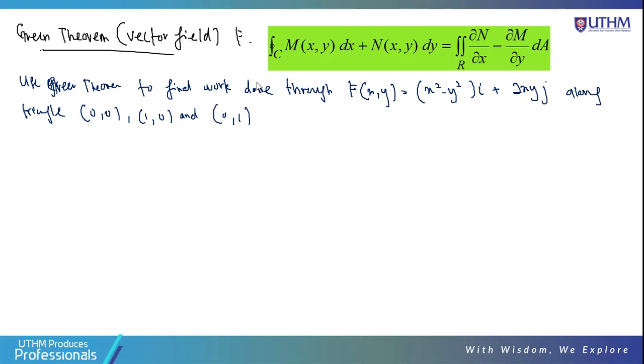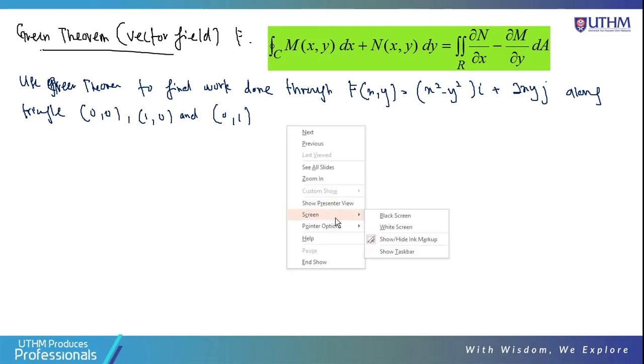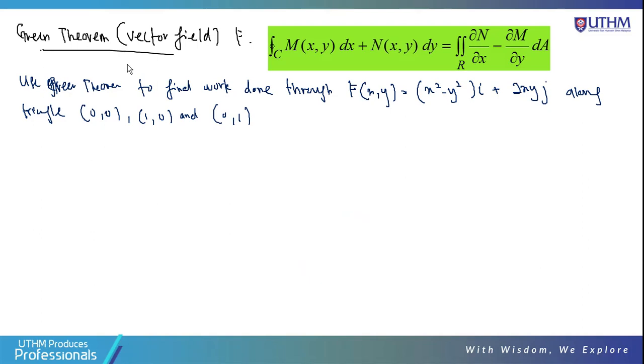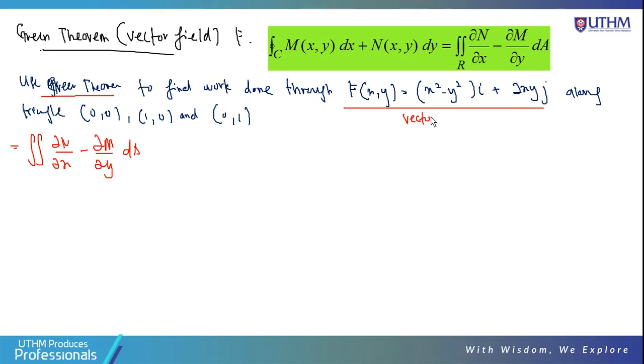You need to analyse the question first, and then you find that first, using Green theorem. So using Green theorem, the double integral of partial n over partial x minus partial m over partial y dA. This is the formula for the Green theorem. And then you find, what form is this? So you know F here is a vector field.